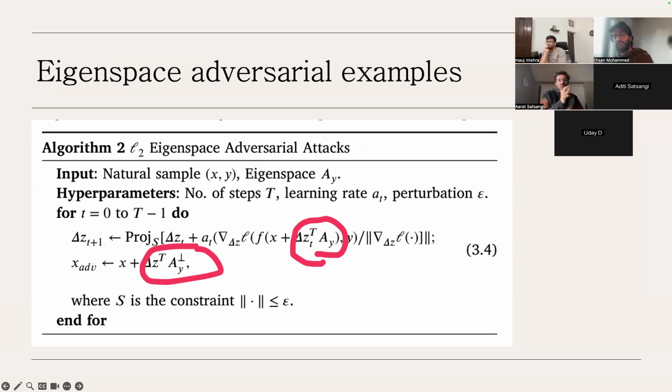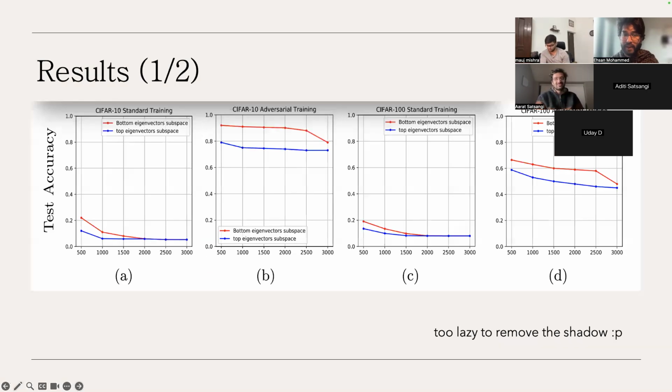Have they provided a number of how many eigenvectors they consider as top and bottom? Yeah, they have it in here. I think they have varied it as well. I'm not able to recall. I think it was 10, I believe. But here you can see the subspace.